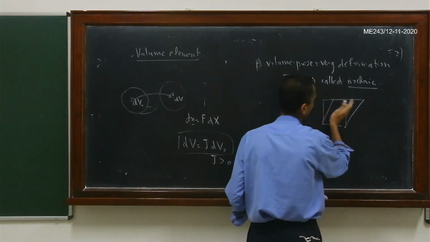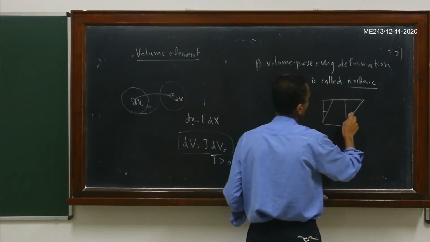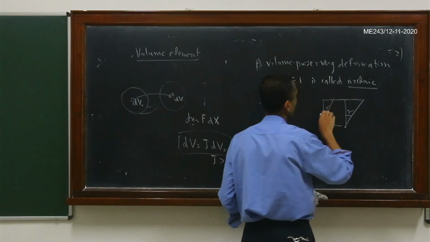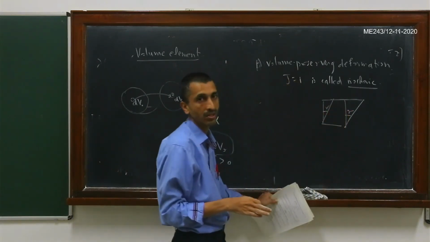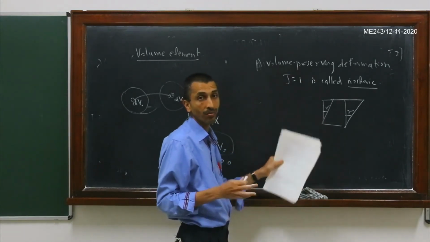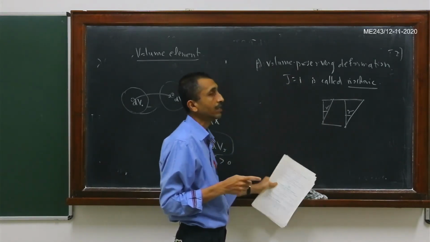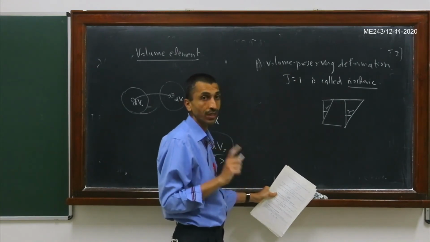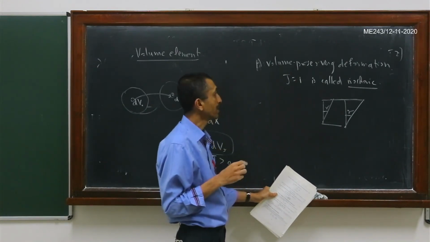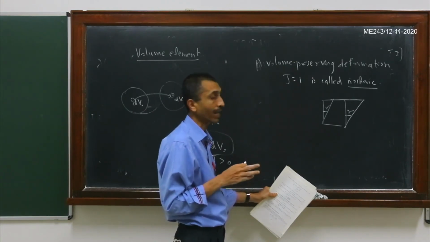Just the top surface remains at the same height, and this angle gamma is the same. You can see that this is a volume preserving deformation, but the material could be incompressible or compressible. When we say isochoric, that is a property of the motion itself. So even a compressible material can undergo an isochoric motion.